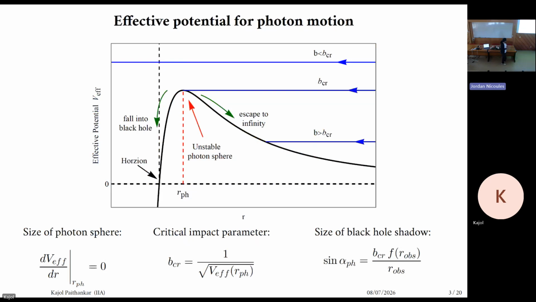This factor is the same for the observer: once you fix the observer's location, only the critical impact parameter defines the black hole shadow, depending on what spacetime you are in. This is what we see in Schwarzschild spacetimes, or any spacetime which has a single peak in the potential, and in usual vacuum spacetime this is the case in general relativity.